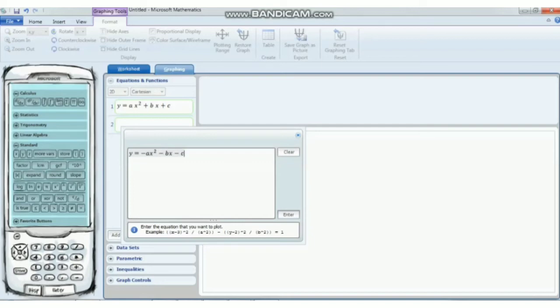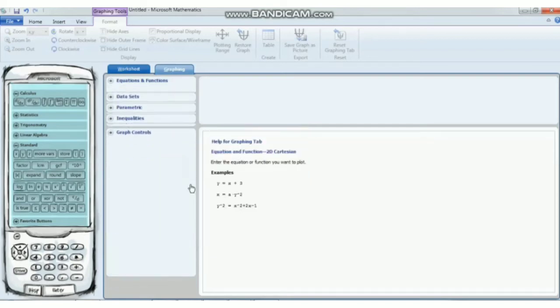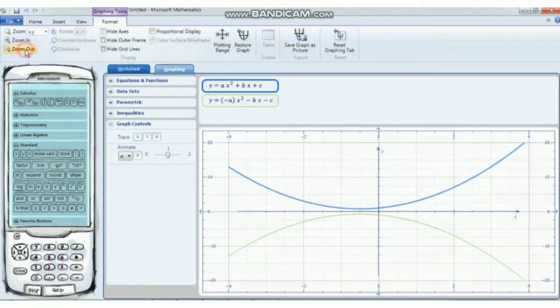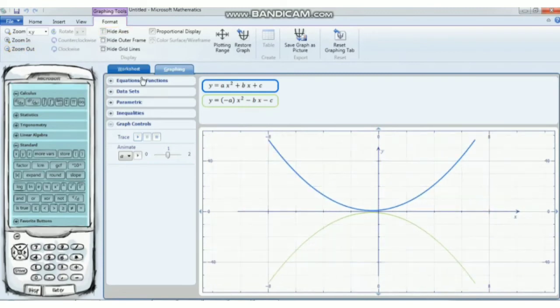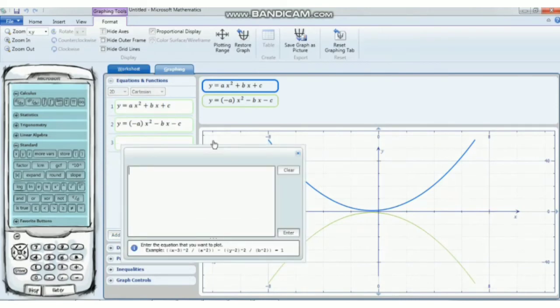Then we graph, so it will be displayed like this. Let's zoom out. We know that if the value of a is negative, the graph will be flipped like the graph in Microsoft Mathematics that we have.